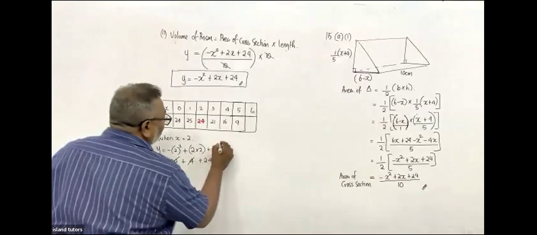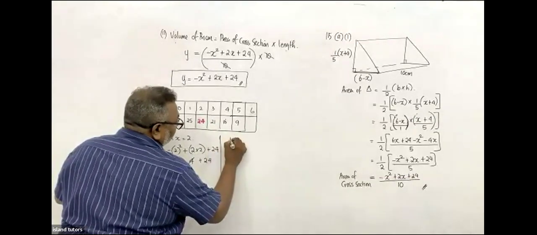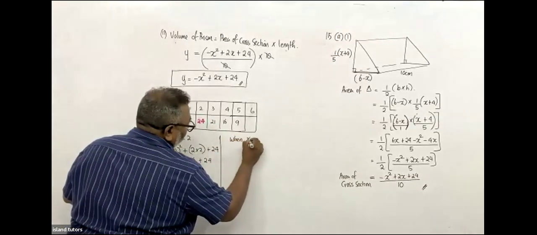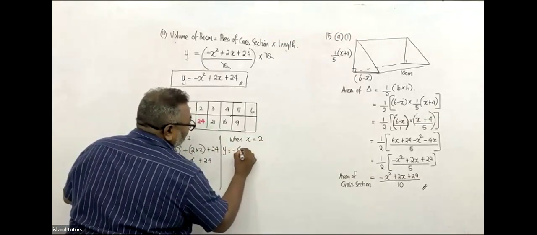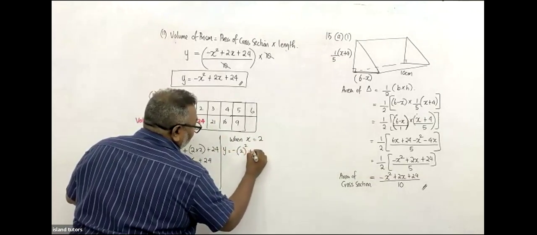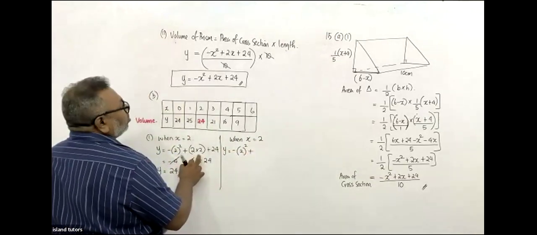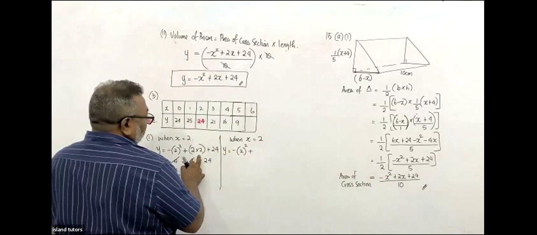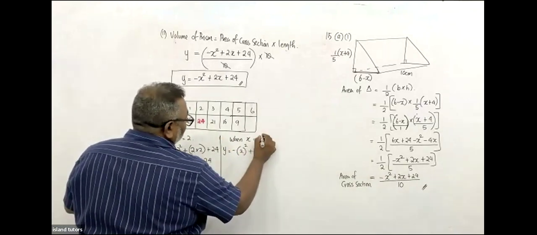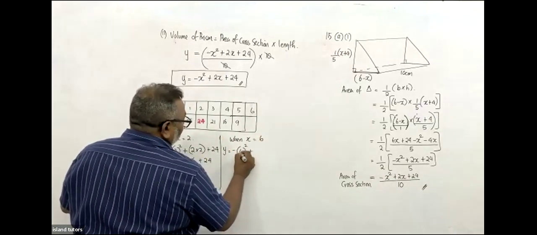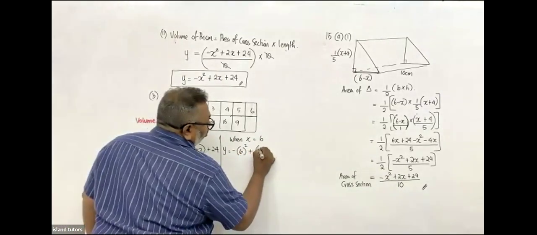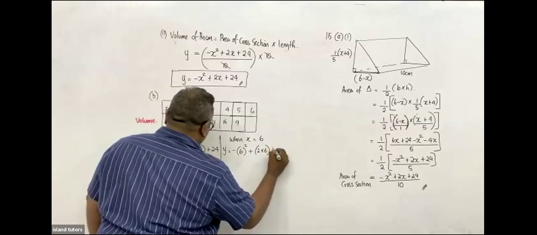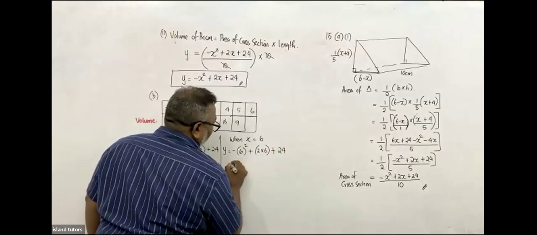Then when x is equal to 6, substitute into y equals minus x squared plus 2x plus 24.